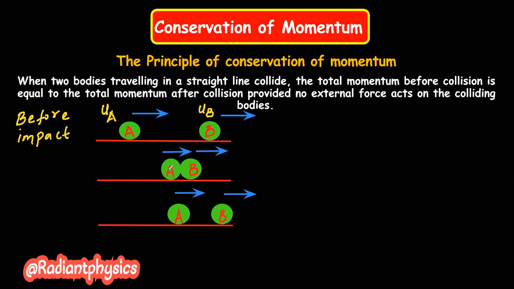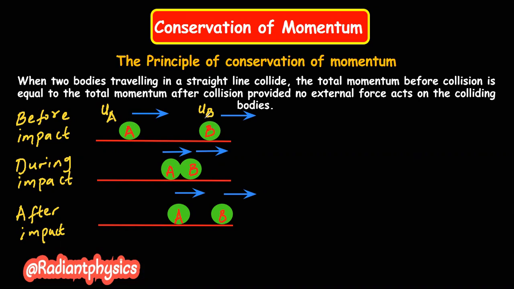And this is during impact, or if you want to say collision, during impact, and then this is after impact. So before impact, this ball has an initial velocity of 0 because it is stationary.